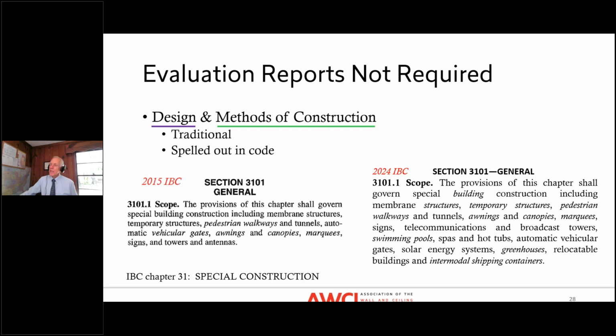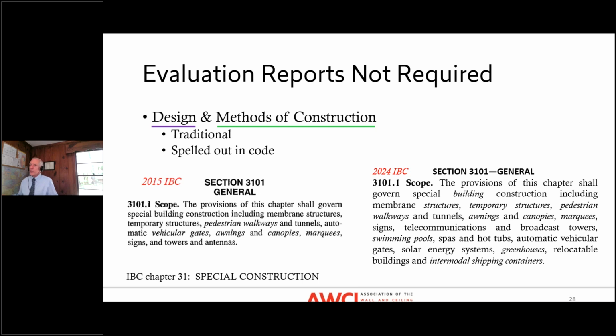Okay, the next way is if it's spelled out in the code. So something that I didn't get to, which is kind of the catch-all for some of these weird systems that don't have their own chapter, is Chapter 31, Special Construction is the title of the chapter. And back in the 2015 International Building Code, it had a very short scope statement. It included things like membrane structures, temporary structures, pedestrian walkways, a couple other things, and so it was fairly limited.